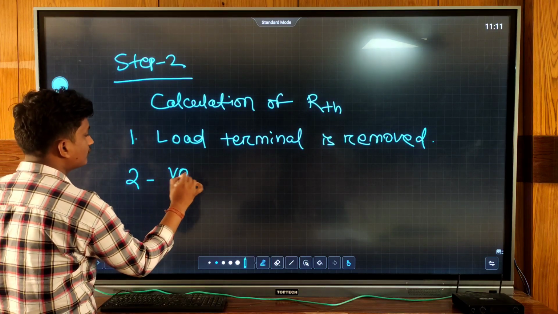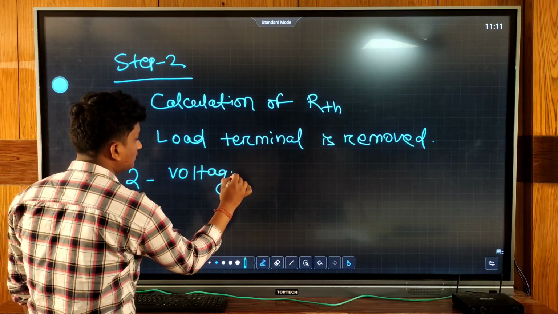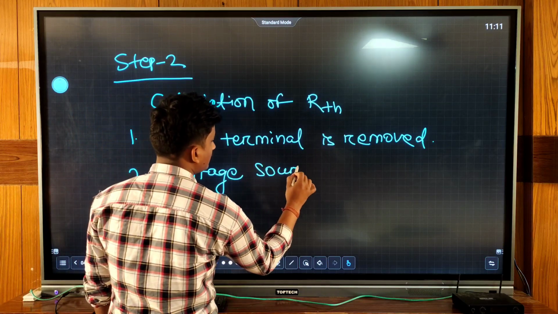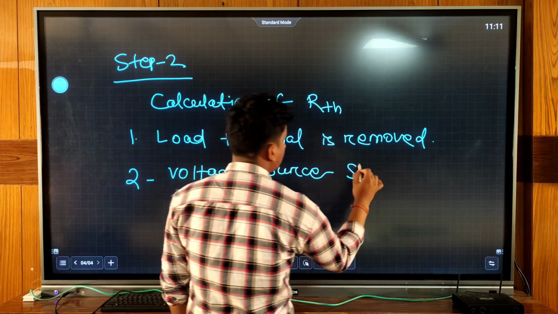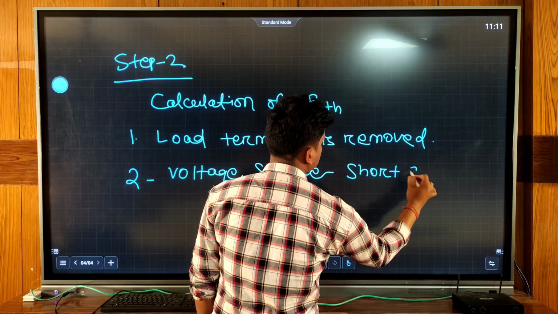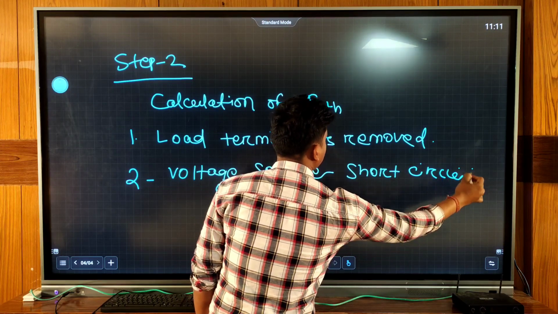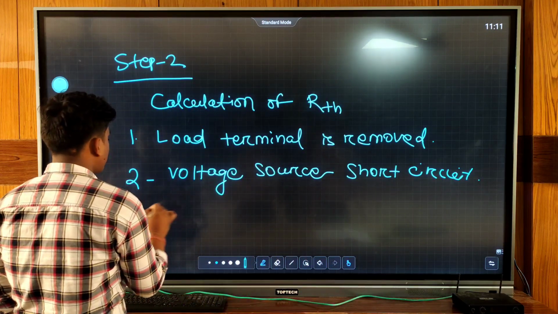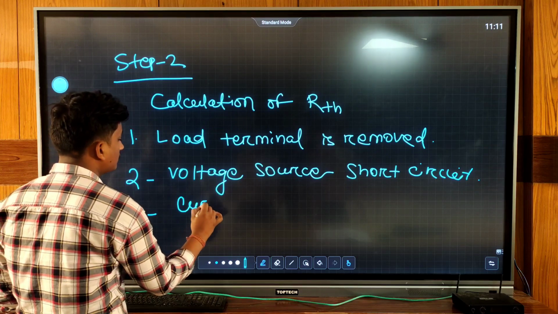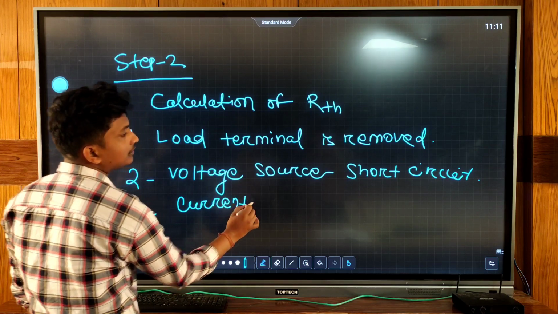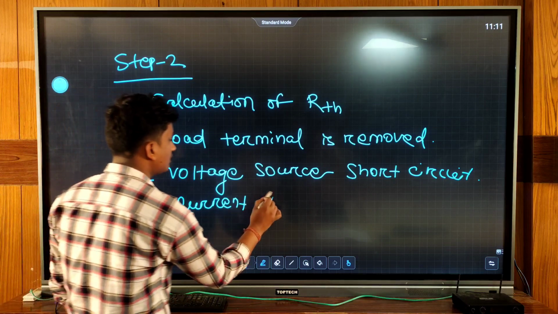If there is a voltage source present in the network, during calculation of RTH, we have to short circuit the voltage source, and if there is a current source present, then it is open circuit. Current source is open circuit.